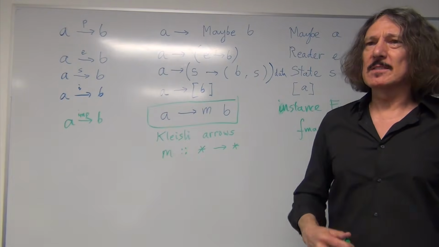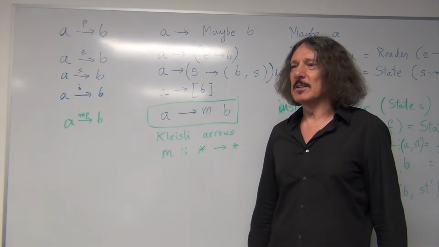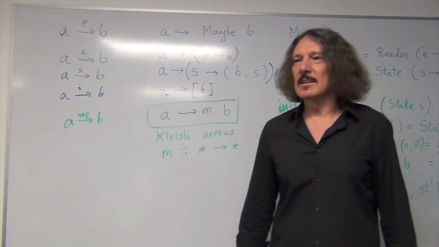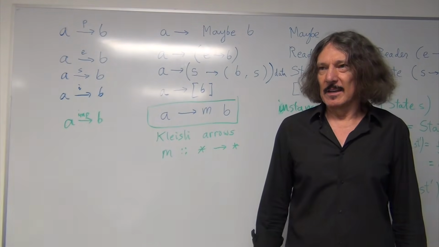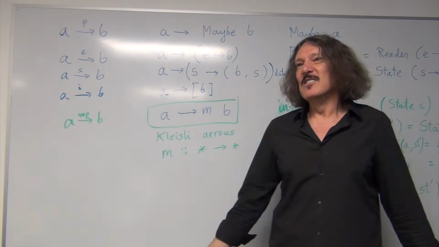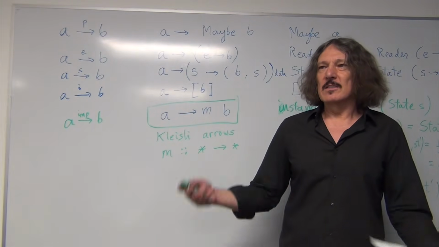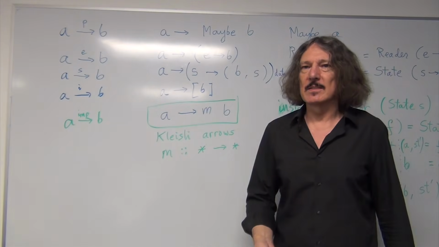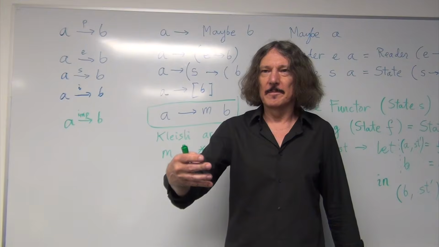But the problem with this solution was, I mean, I didn't give you many examples, but if I gave you like 100 examples of this, you would see that something is really annoying. Not wrong, just tremendously annoying. Because in every such function, the first thing that happens is we pattern match on this either.